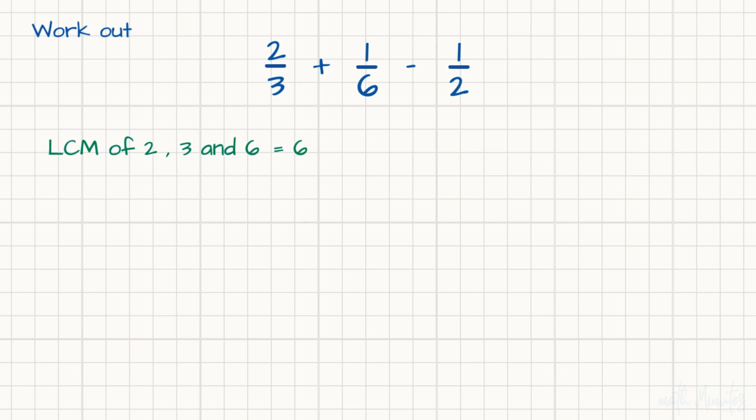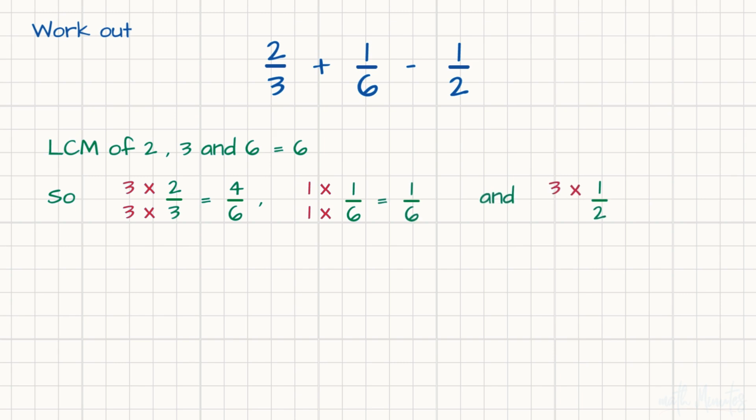We adjust all 3 fractions to have the same denominator, so we multiply both the numerator and denominator of 2/3 by 2 to get 4/6. We multiply the numerator and denominator of 1/6 by 1, and we multiply both the numerator and denominator of 1/2 by 3 to get 3/6.